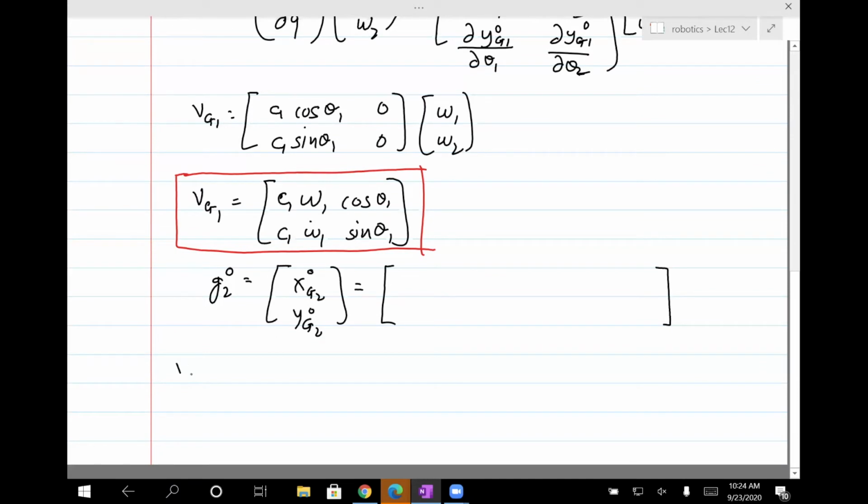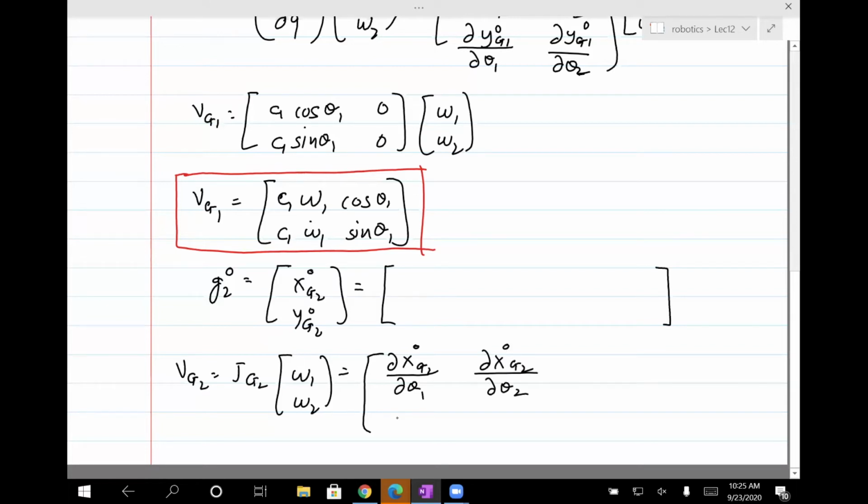Then to find the velocity of G2, that's going to be JG2 times omega 1, omega 2, from the formula I wrote down here. It's going to be dxG2/dtheta 1, dxG2/dtheta 2, dyG2/dtheta 1, dyG2/dtheta 2, times omega 1, omega 2.